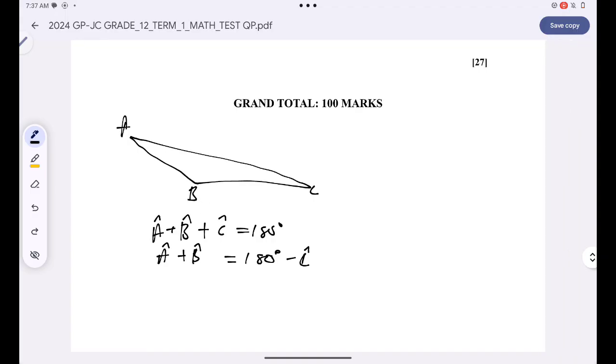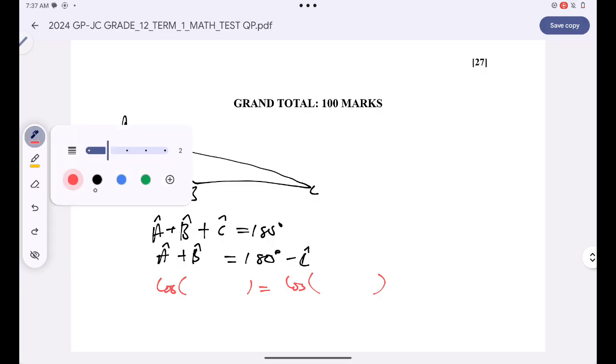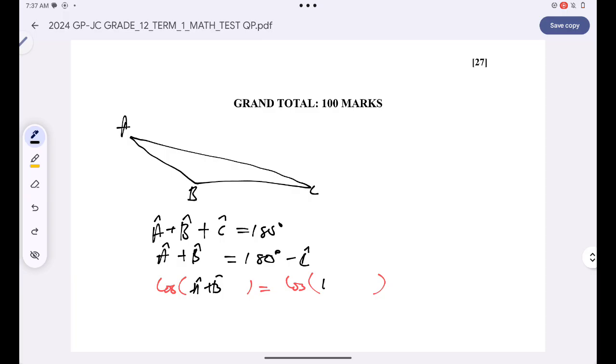So if you introduce cos on both sides, you will simply have the cos of A plus B, and then on the other side you'll have cos of 180 minus C. So yes, you have cos of A plus B, but this angle over here can be reduced. 180 minus C is in the second quadrant.